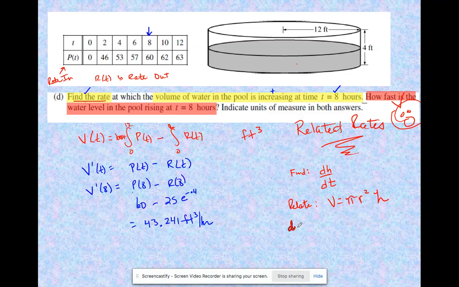Differentiate with respect to time. Chain rule. dV/dt. What's true about the radius, though? The radius is constant, right?